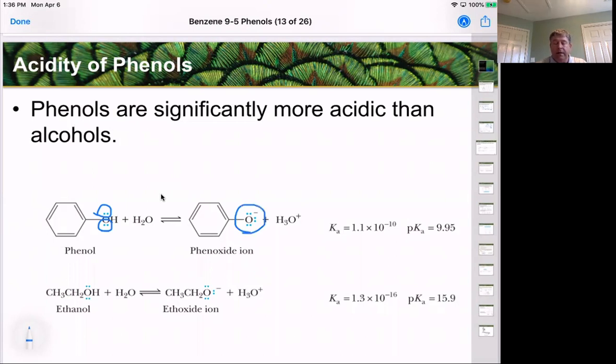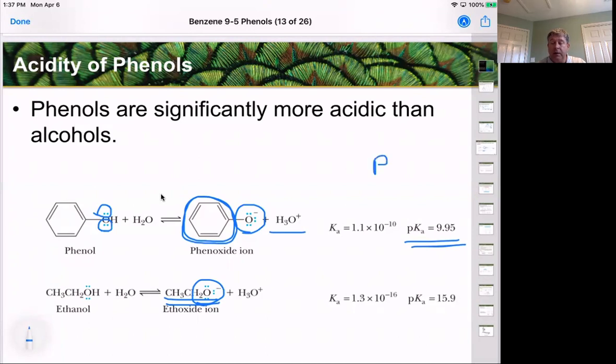So if you think about it, these electrons here can be stabilized over this ring, okay? In the case of alkoxy groups here, we only have the electrons on the oxygen, none of it gets distributed over anything else. So the ability for us to share some of that electron density across that ring makes them more acidic. And so our pKa actually drops closer to that of acetic acid.